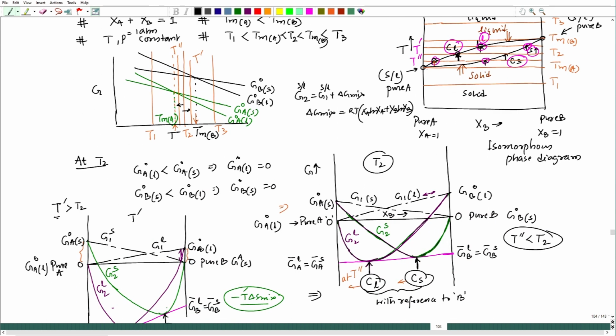In between, if I look at T2, two compositions are in equilibrium, one for liquid solution and one for solid solution.